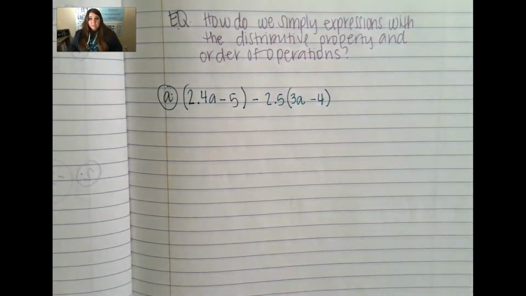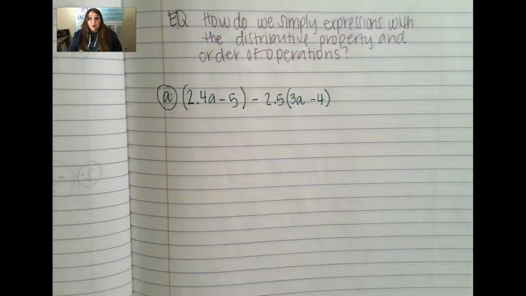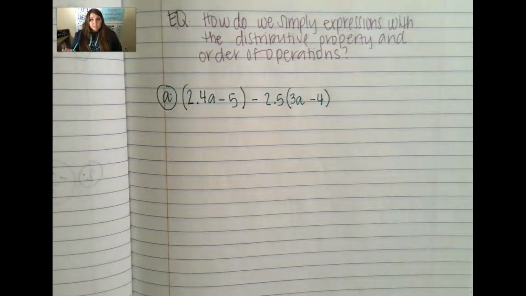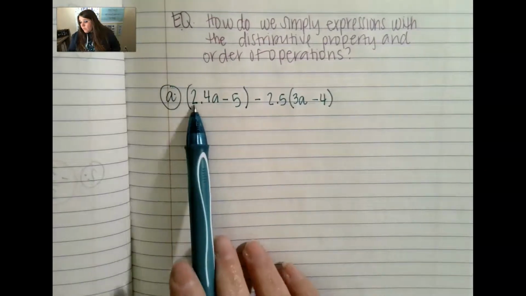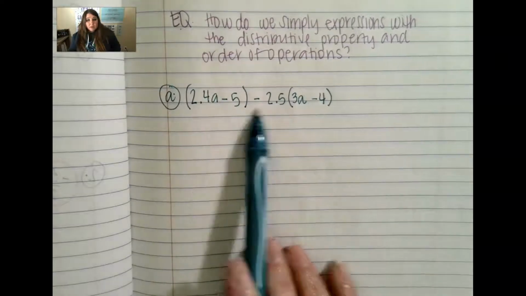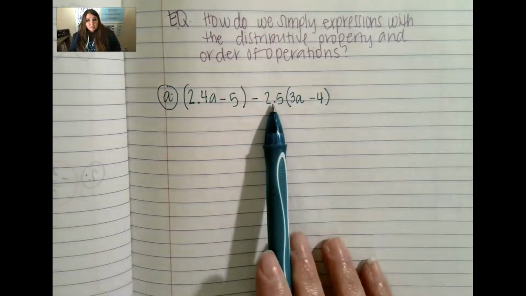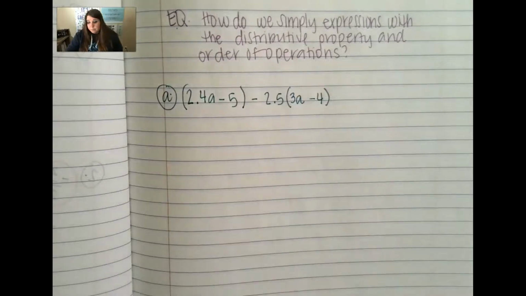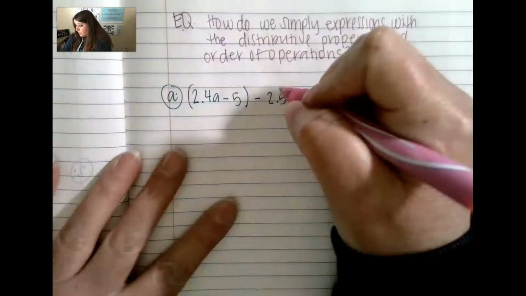Okay, so first of all, I want you to notice that we have a lot of different operations happening here. So we're going to start within the parentheses just like we normally would with order of operations. If you notice, we can't combine these here, so we're going to come over here. This includes the distributive property. So we are going to start there, and we are going to distribute.